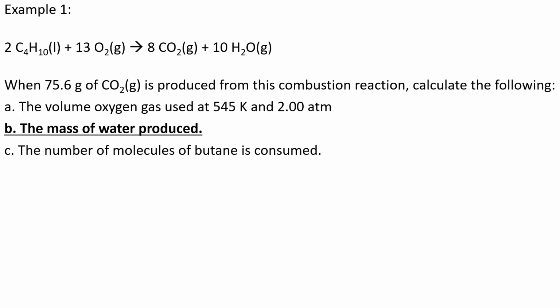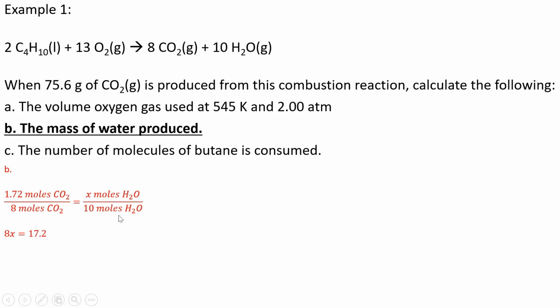We're still going to use the number of moles of CO2 that we calculated in the previous step. Moles of CO2 divided by 8 moles of CO2 equals, now I'm looking for water, so that's going to be X moles of water, always start with moles, X moles of water over 10 moles of water. So the moles we used in the last step, 1.72 moles of CO2 over 8 moles of CO2 equals X moles of water over 10 moles of water.